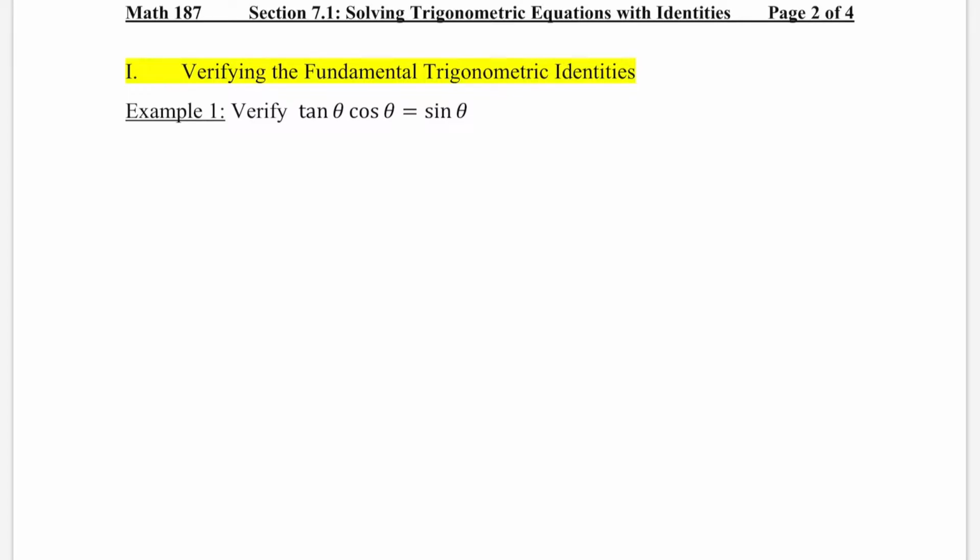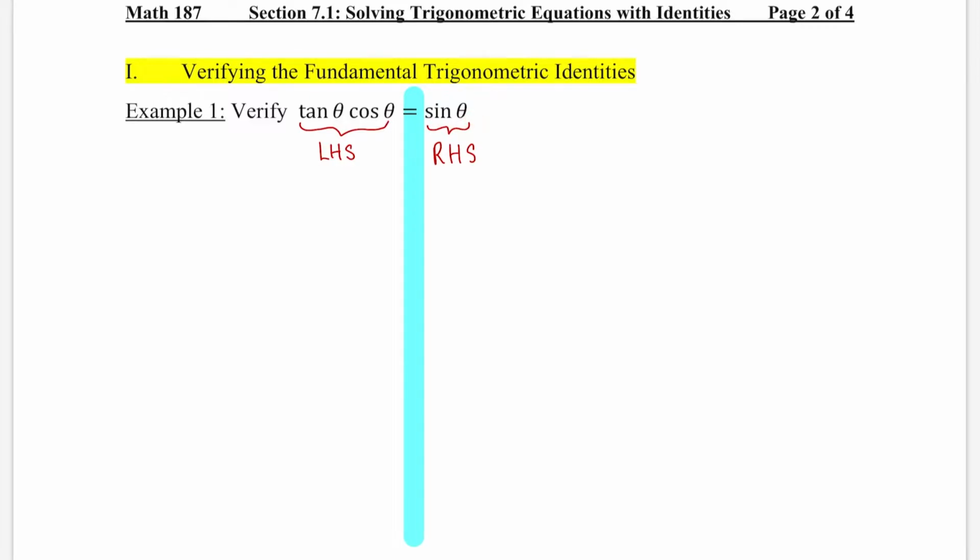So what I'm going to do is, using my equal sign as the boundary, I divide it into two halves, and I have the left hand side and the right hand side. Now I'm assuming that I don't know tangent of theta times cosine of theta equals sine of theta.